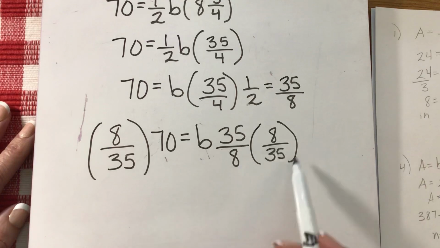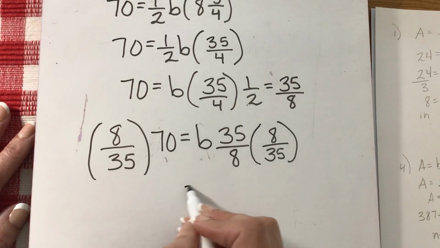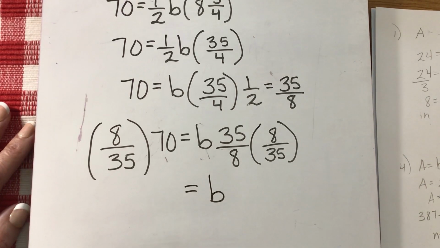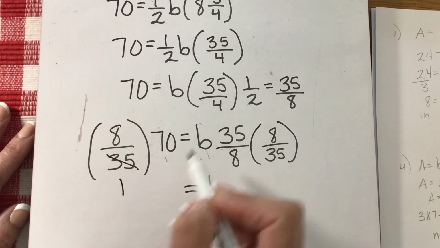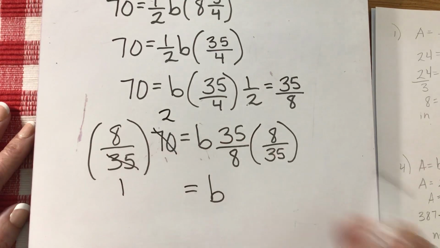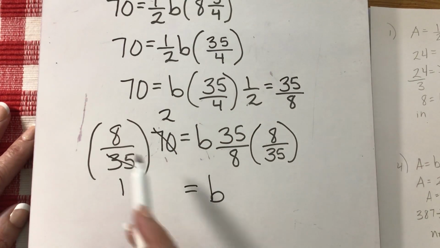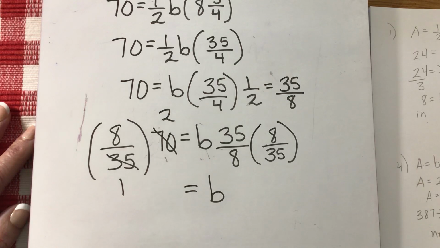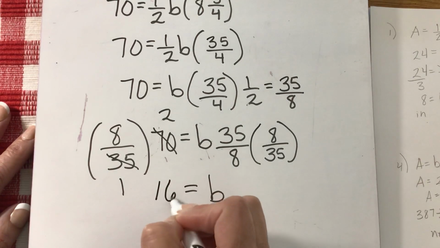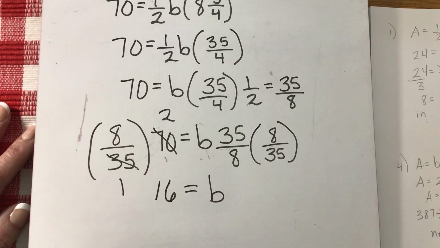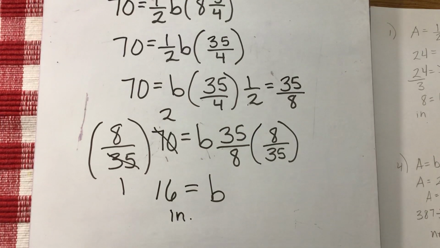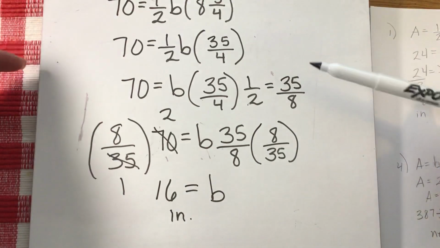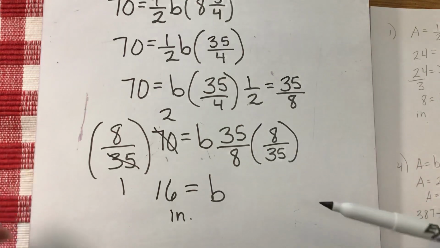Okay, so these cross-reduced, I end up with just B. If I do some cross-reducing here, oh, look, 35 goes into 70 twice. Multiply across, 8 times 2 is 16. So we know that the base of the triangle is going to be 16 inches. Hopefully you can see now why I want you guys to go step by step, because it can get really confusing.